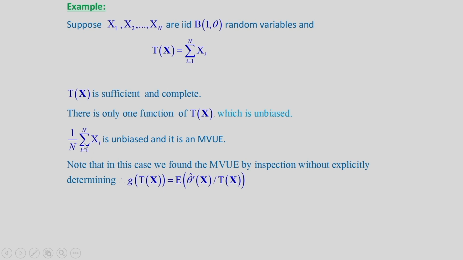But in all situations it may not be possible to find a complete sufficient statistic which is unbiased by inspection. So, we have to compute this MVUE through this operation, E of theta hat dash given T(X). So, we have to perform this operation to find out the estimator.